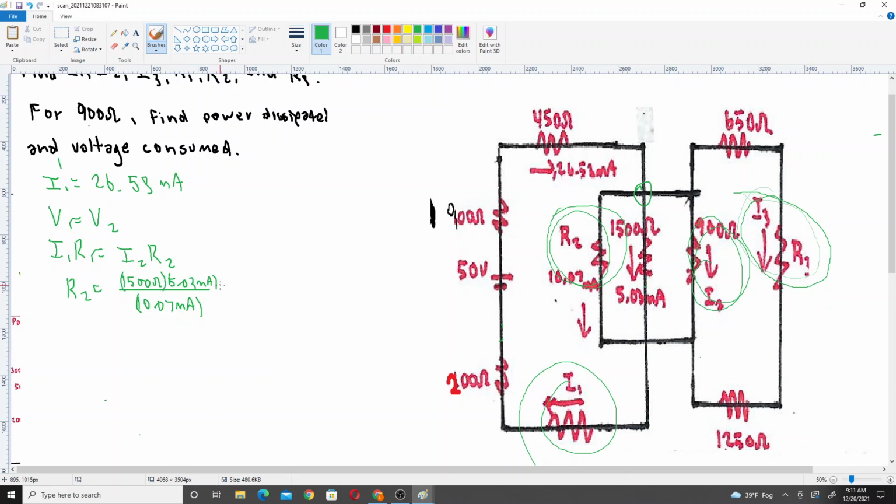When you put that in your calculator, you should come out with 749 ohms.